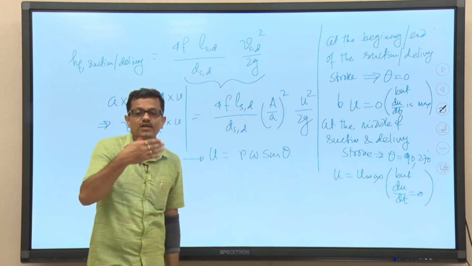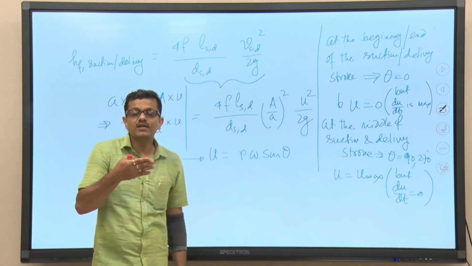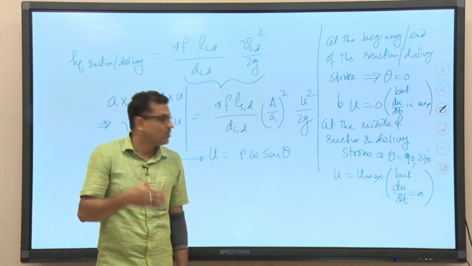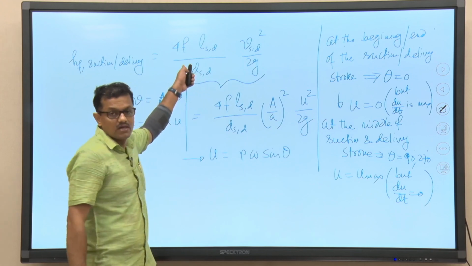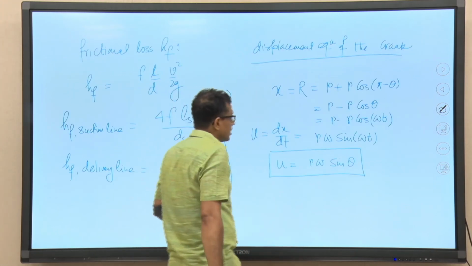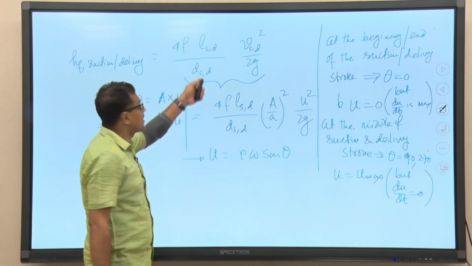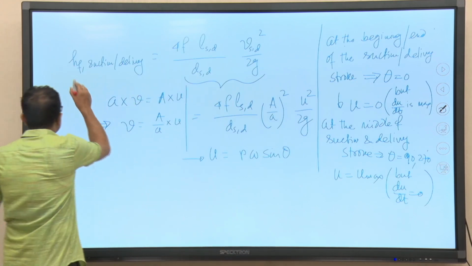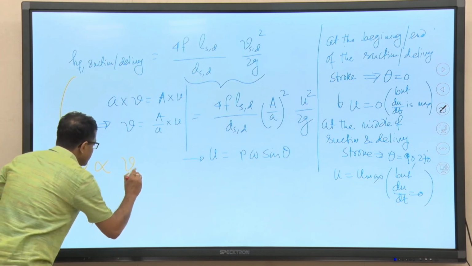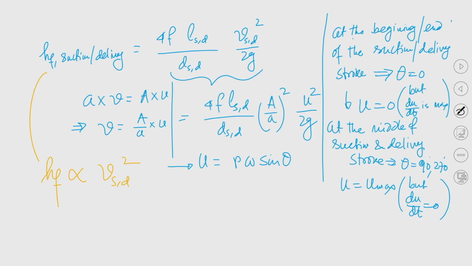So, the curve modified by taking the effect of fluid frictional losses will definitely follow this nature. That means you can understand this is parabola in nature. So, this is parabola in nature, HF is proportional to Vs stroke d square.